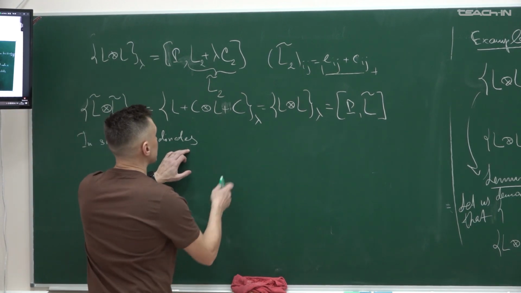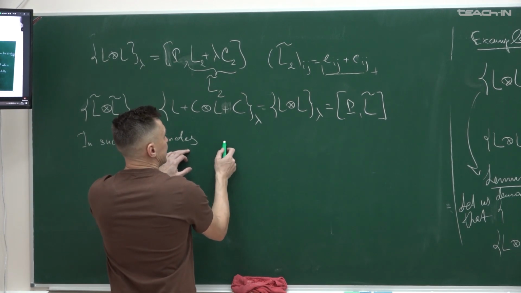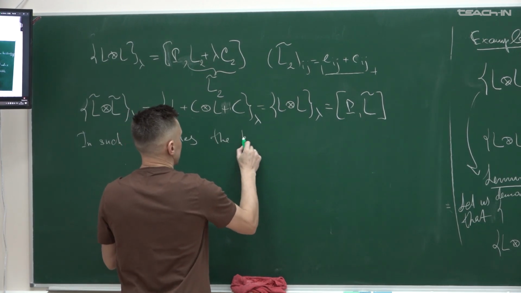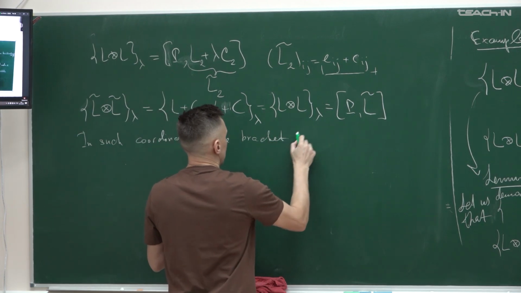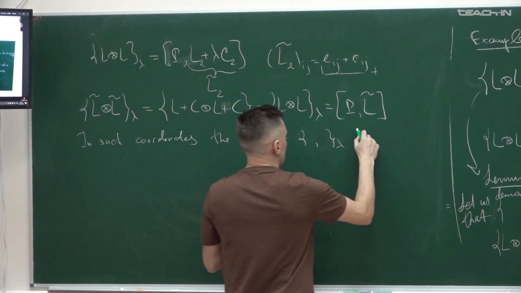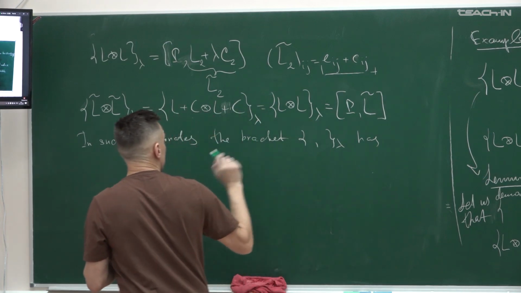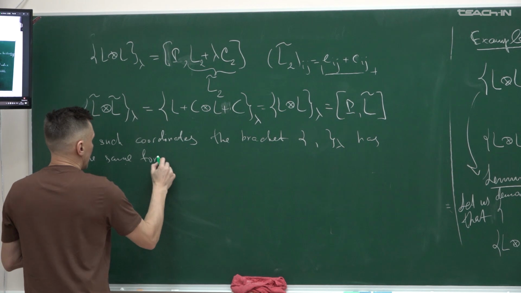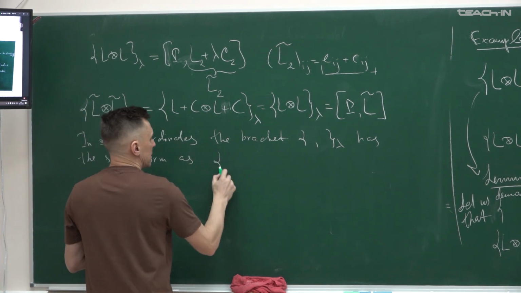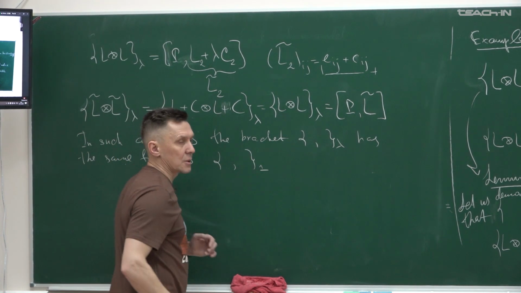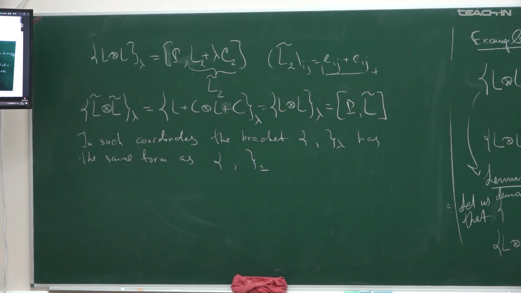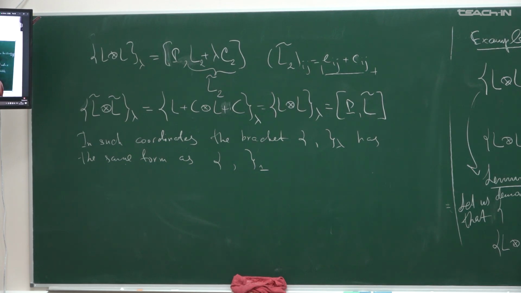In such coordinates, the bracket has the same form as the bracket 1 with the index 1. But for this bracket we know that it is Poisson.